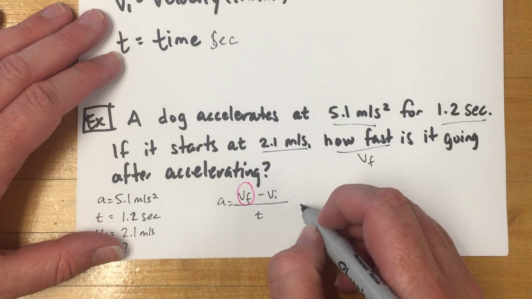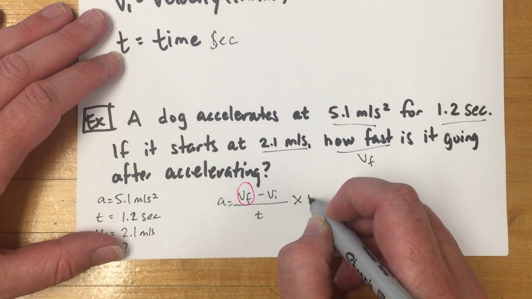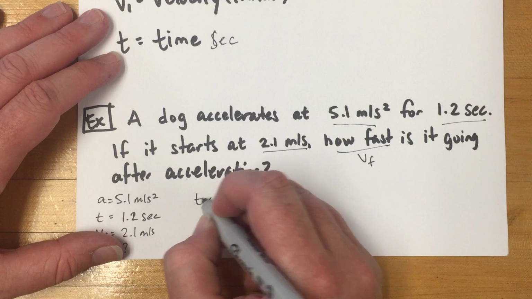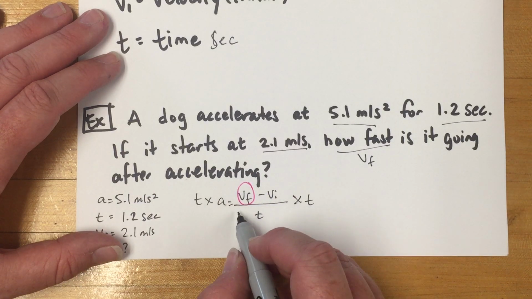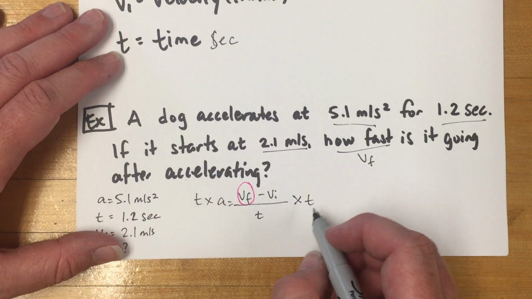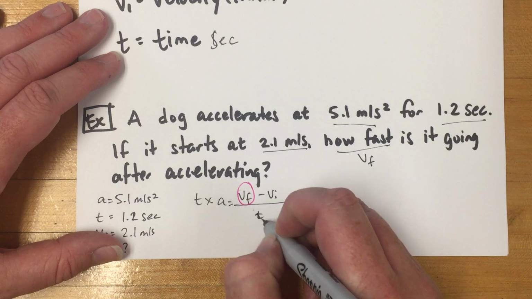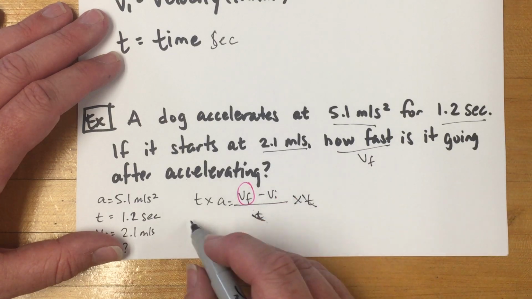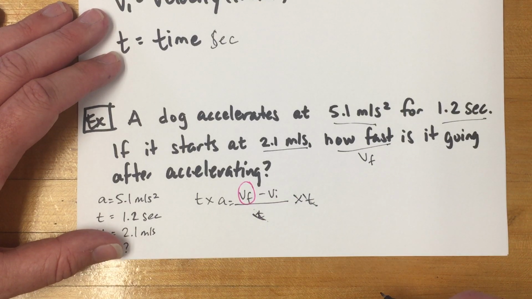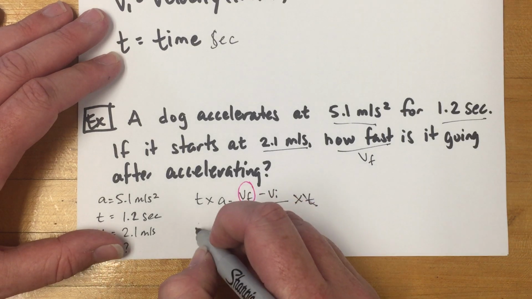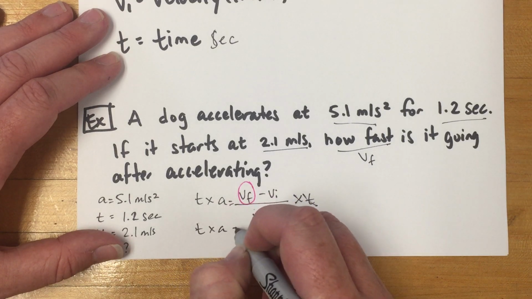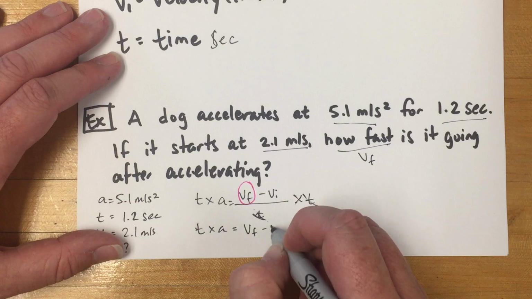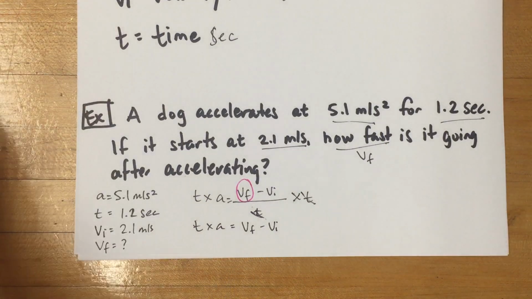And so we'll multiply both sides by T. Right now it's VF minus VI divided by T. The opposite is multiplying. So in doing so, I end up removing that and bringing it to the other side. Now I have T times A equals VF minus VI.